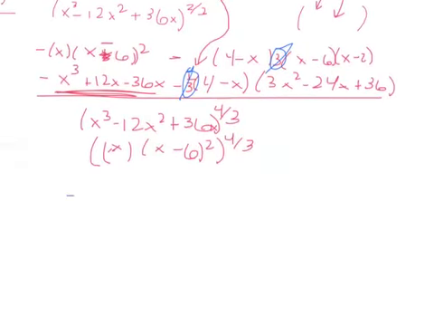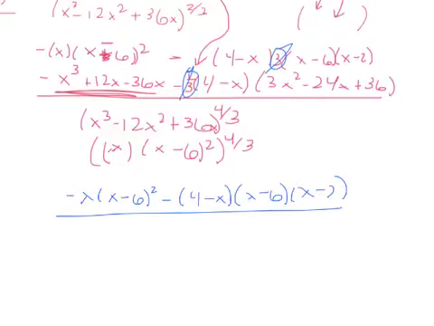Now what I've got is negative x multiplied by x minus 6 to the second minus 4 minus x times x minus 6 times x minus 2, divided by x to the 4/3 multiplied by x minus 6 to the 8/3.